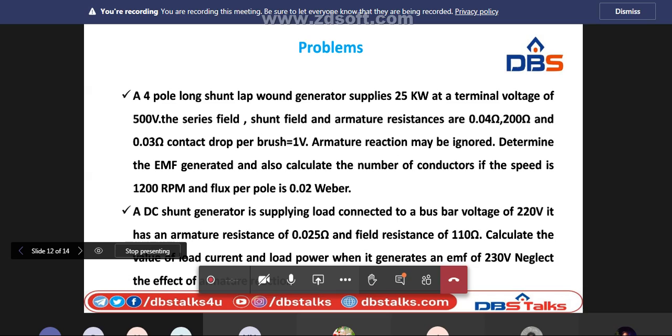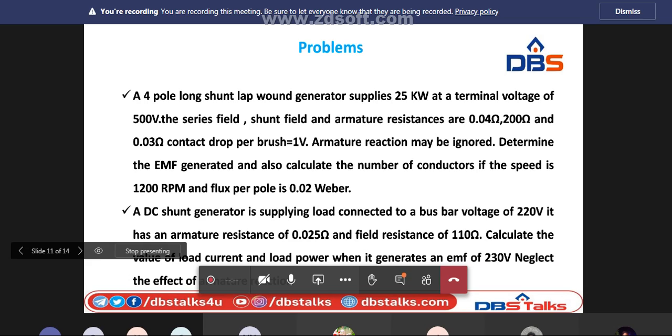Suppose the second problem also, you have to note it down. A DC shunt generator supplying a load connected to a bus bar voltage of 220 volts. Armature resistance of 0.025 ohms, field resistance of 110 ohm. Calculate the value of load current and load power when it generates an EMF of 230 volts.